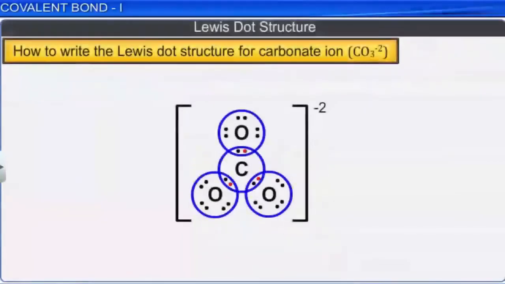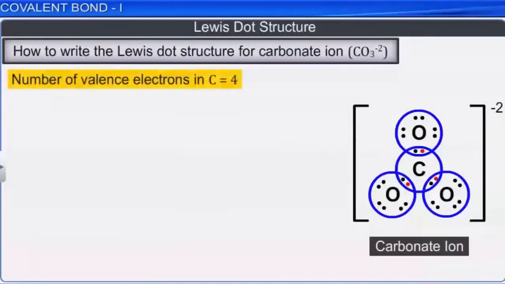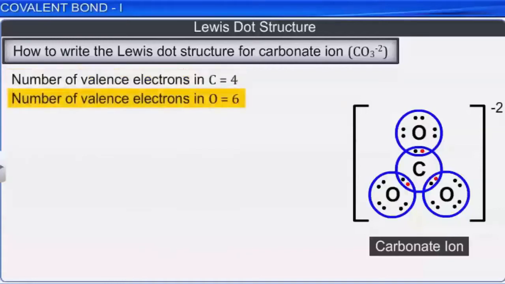Now let's see how to write the Lewis dot structure for the carbonate ion by adopting the above-mentioned steps. First, let us calculate the total number of valence electrons in the carbonate ion shown here. The number of valence electrons in carbon is 4, whereas the number of valence electrons in oxygen is 6.